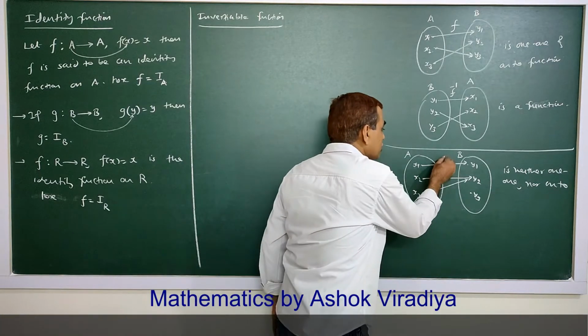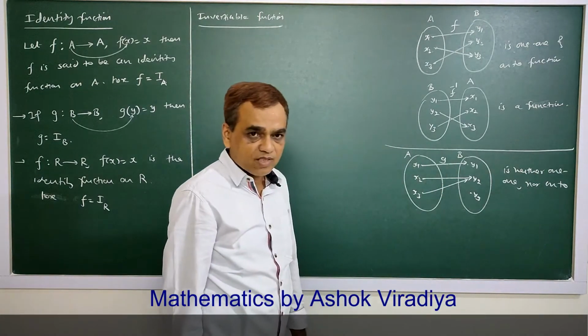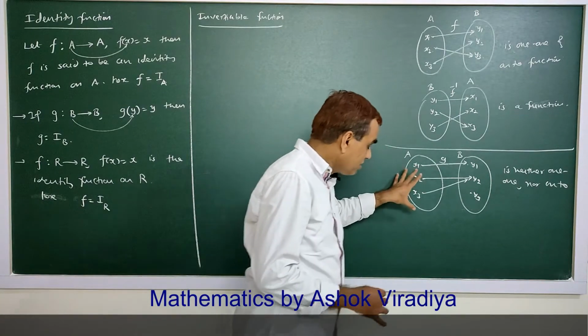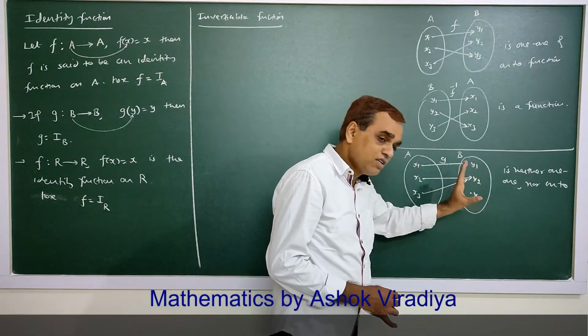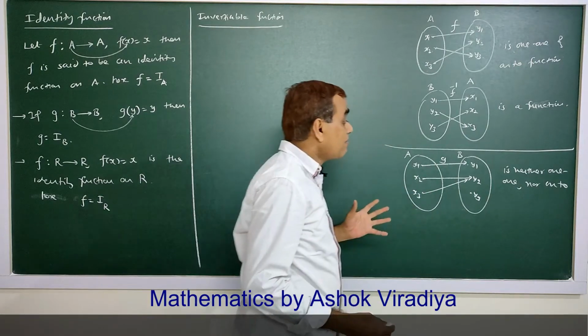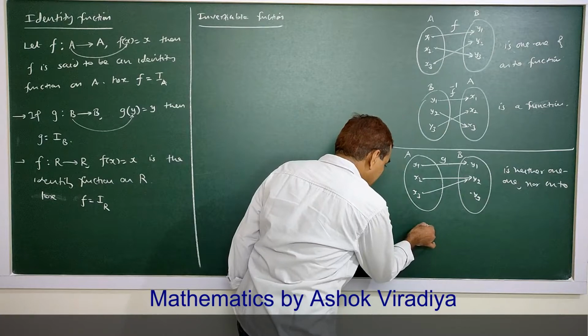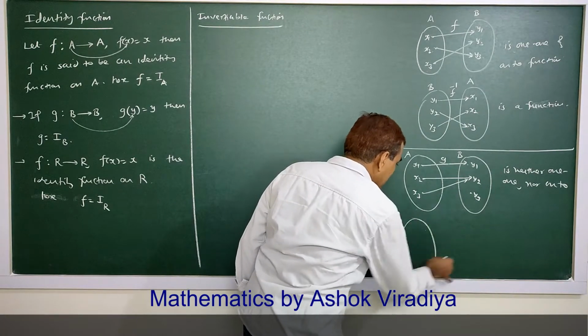Let me say this function is g. This is a function, but it is neither 1-1 nor onto. Now if we think about its inverse relation, here I am putting inverse.